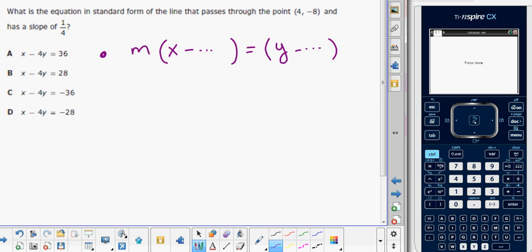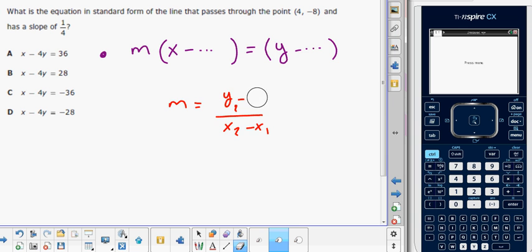This is the point-slope form. If you forget this formula, it's in the formula chart. If not, it's simple to find it. You remember m equals y2 minus y1 over x2 minus x1. This is what I tell my students.